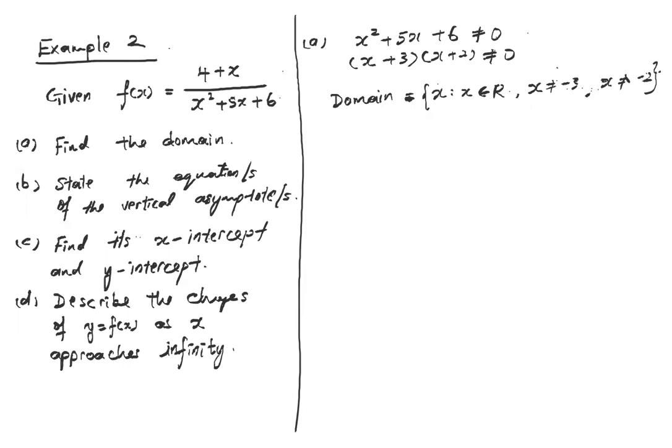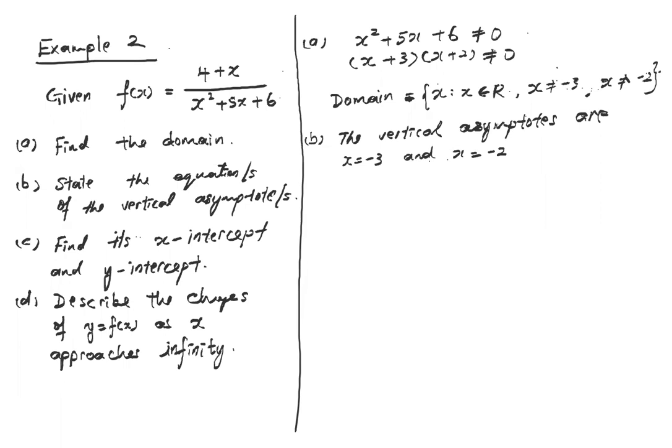So part B, the vertical asymptotes are x equal to -3 and x equal to -2.